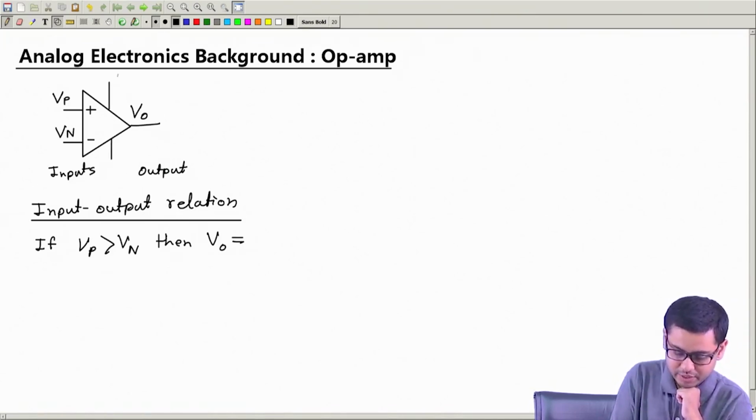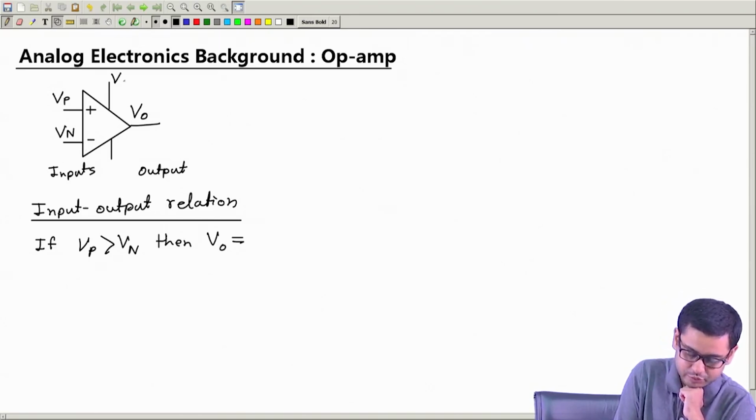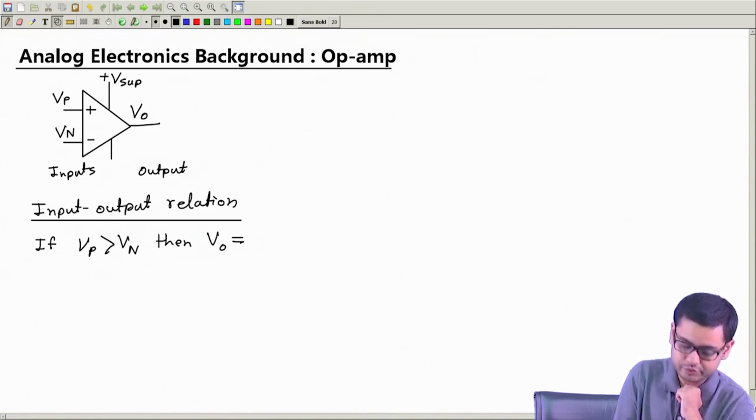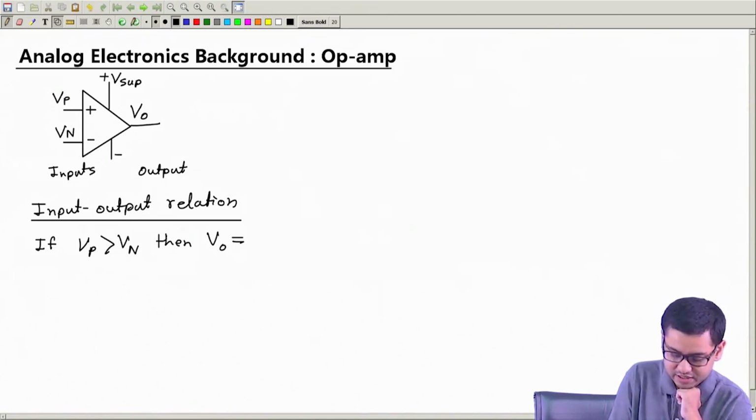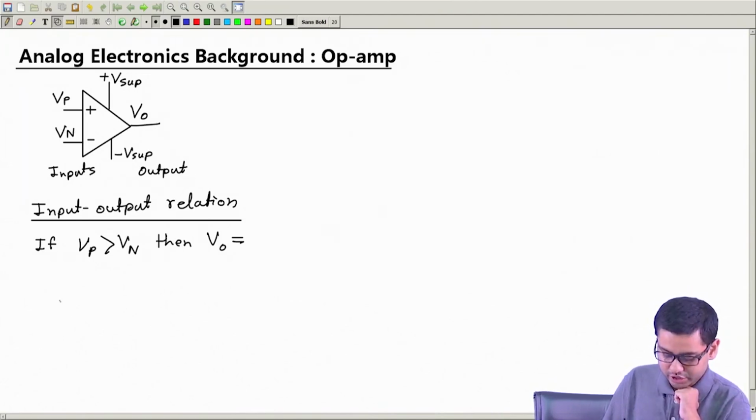These are power supplies, because this is an electronic equipment, an IC, so it has some power supplies. Call this V supply positive and this minus V supply. If Vp is greater than Vn, then the output will be equal to plus V supply.